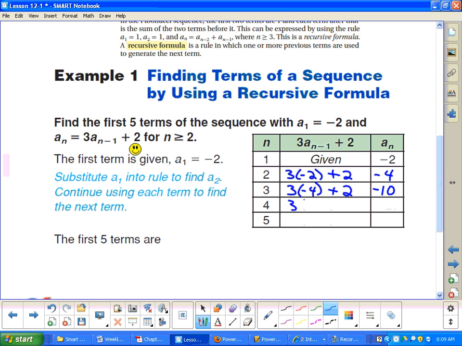Then we do 3 times that answer, -10, and add 2, which is -30 plus 2 is -28. And 3 times -28 plus 2 would be -82.